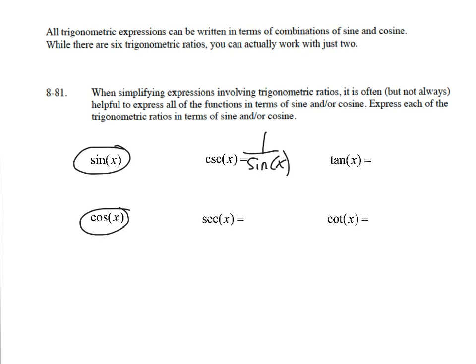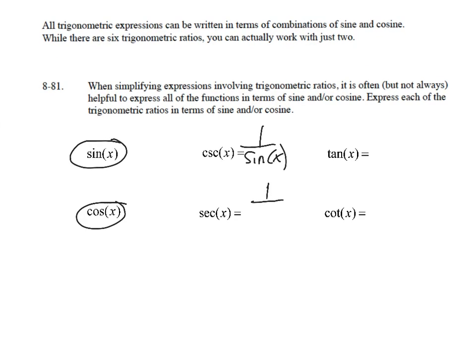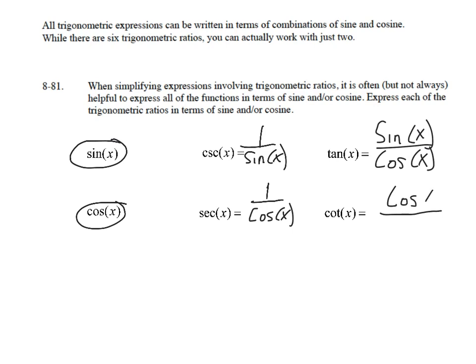But secant was the same as 1 over the cosine of x. Tangent from our work earlier in the year is equal to the sine of x over the cosine of x. And cotangent from our last lesson is actually cosine of x over the sine of x.